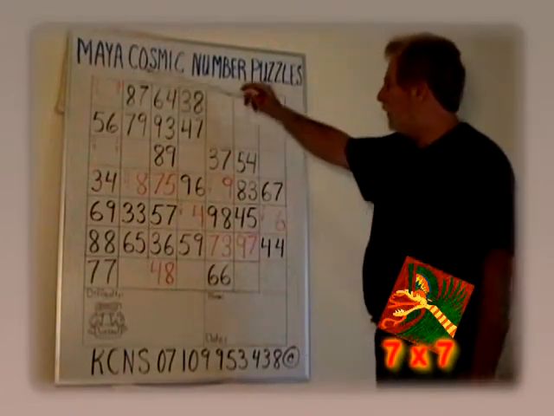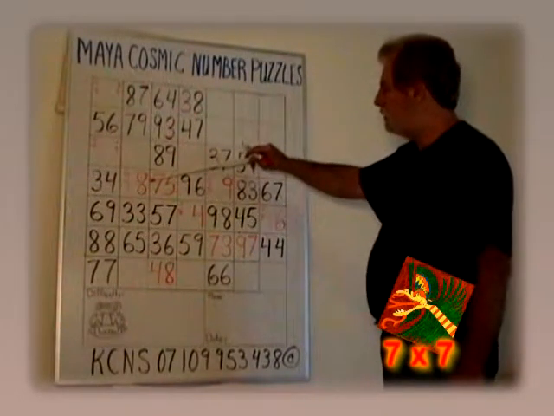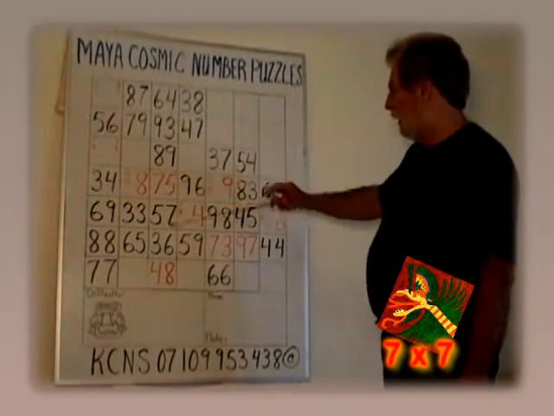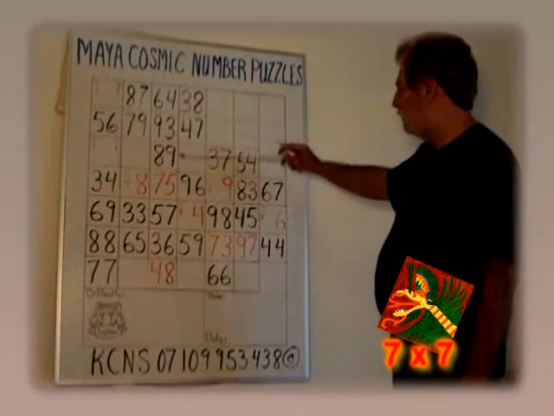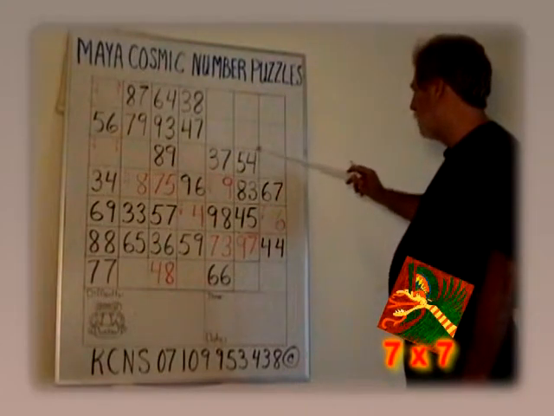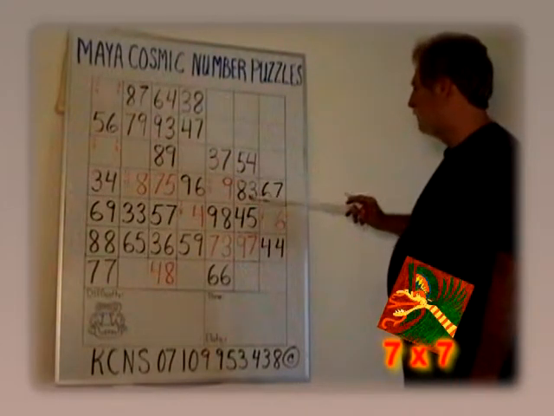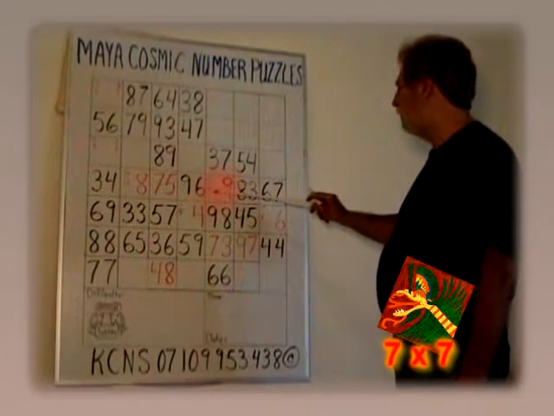We can look around on the puzzle and see if we have a 58 or a 48. And we do not. We can look around and see if we have a 59 or a 49.